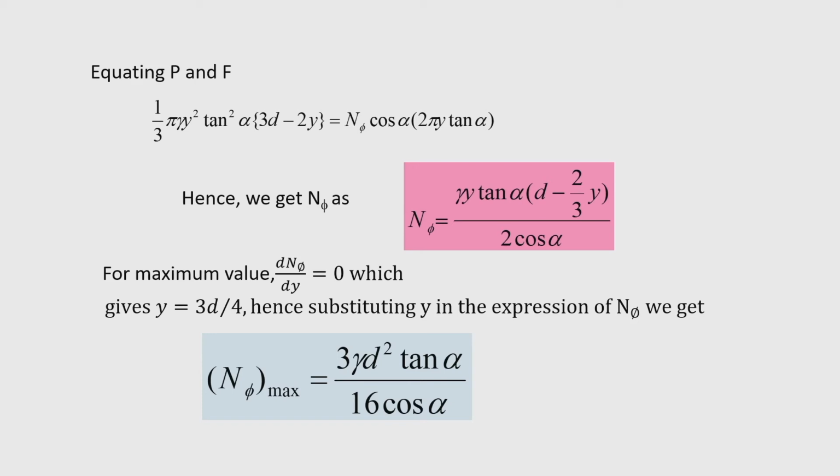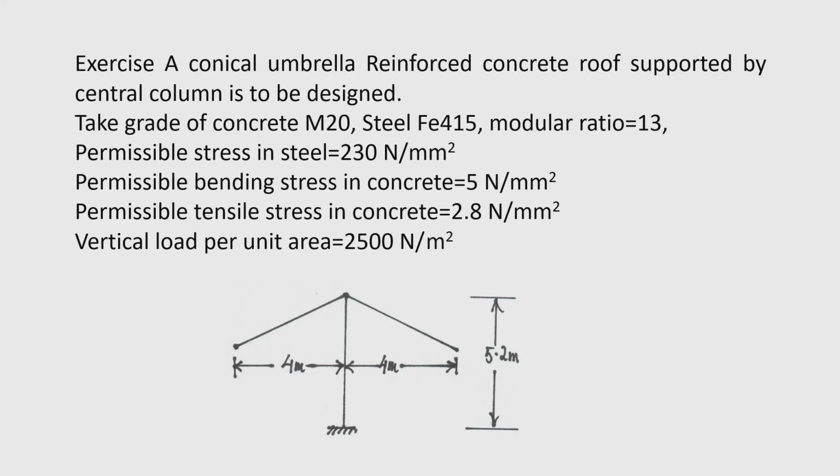So, n theta can be expressed in terms of n phi. The first equation can then be written in terms of only one unknown quantity, and after integration we get the desired result. So, let us see an exercise.